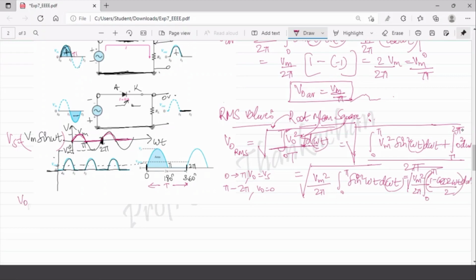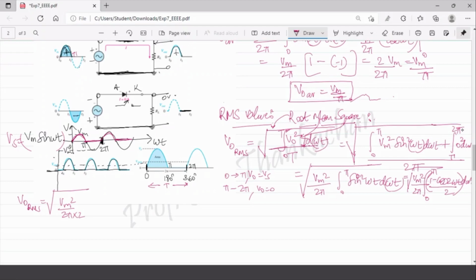So V naught RMS is equal to root of Vm square by 2 pi. Taking the 2 in the denominator out as well, this will be integration of 1 minus cos 2 omega t.